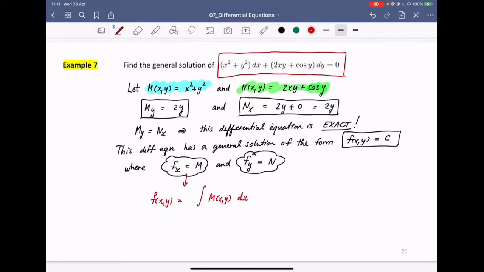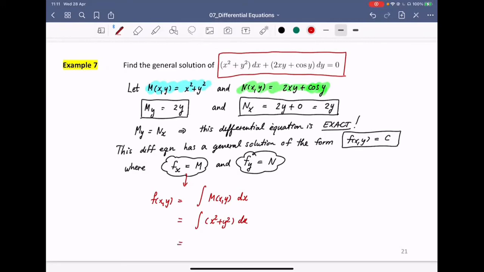Why don't we just reverse it? So if I have M, just integrate it back, so I should get f. So I am going to try to integrate x squared plus y squared dx, because I hope that I can get function f back from there.